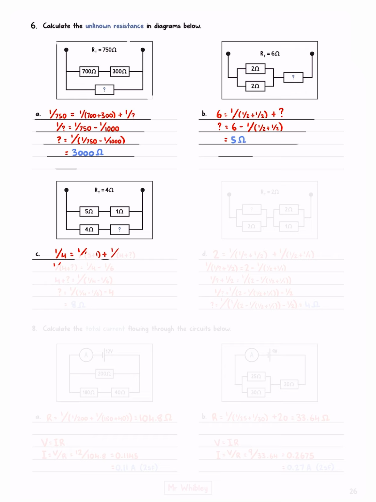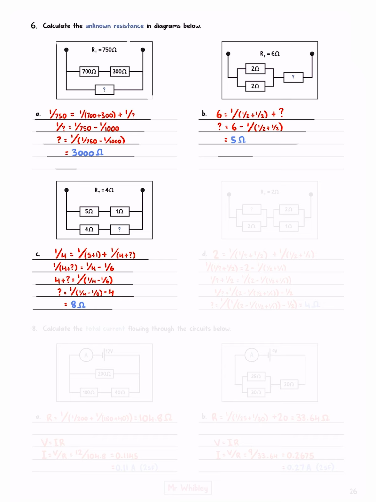Our first branch contains a 5 and 1 ohm resistor in series, so they add together, and our second branch contains our 4 and our unknown, which are in series, so they once again add together. We can solve this for our unknown by first subtracting our 1 over 5 plus 1 from both sides, which is 1 over 6. We can then take the inverse of both sides and then subtract 4 from both sides, which gives me 8 ohms.